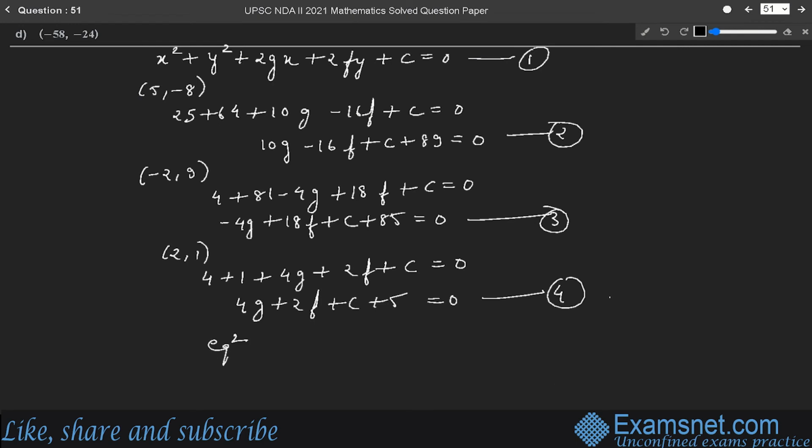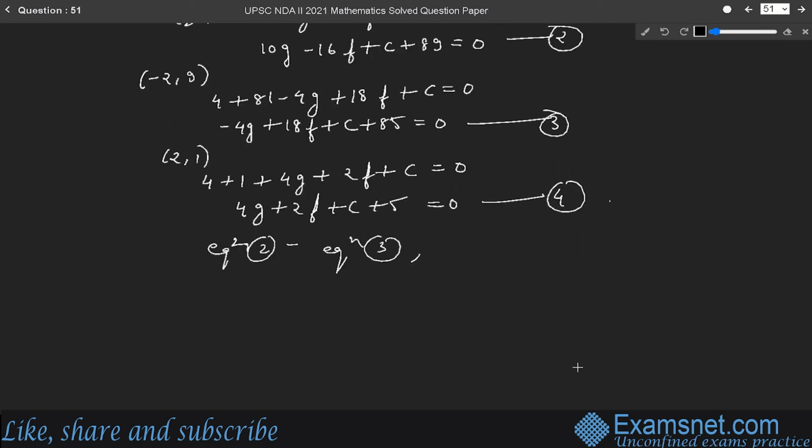When we subtract it, we will get 14g minus 34f plus 4 equals 0, and 7g minus 17f plus 2 equals 0. So let this be equation 5.